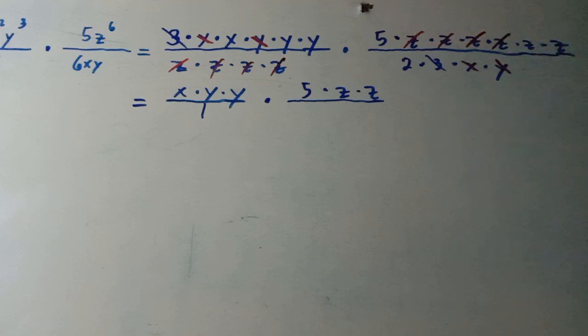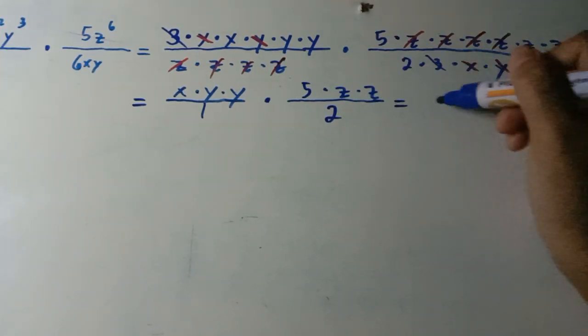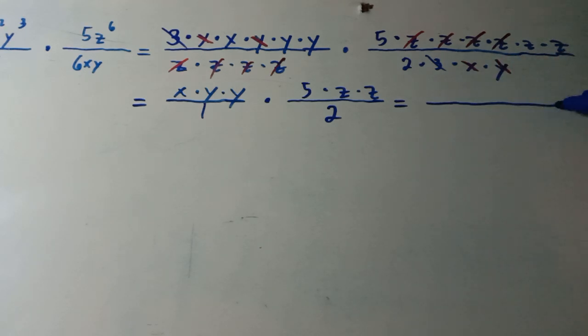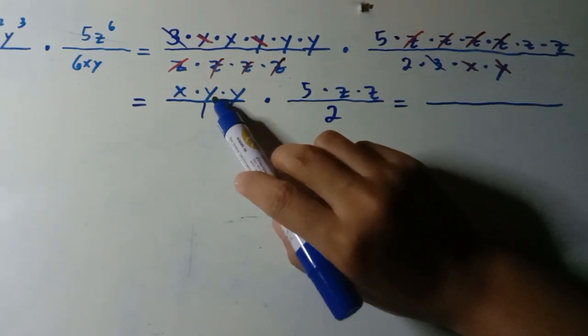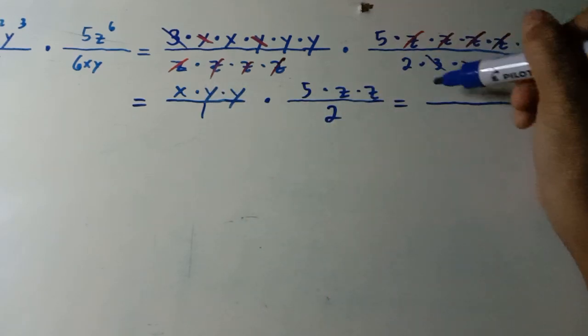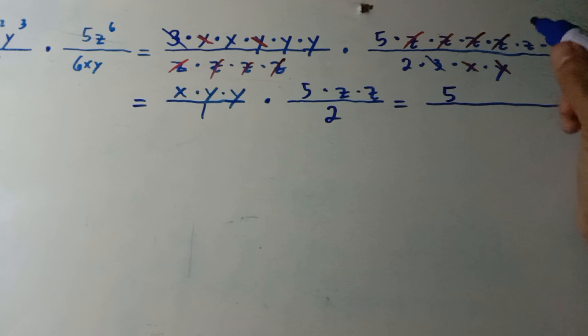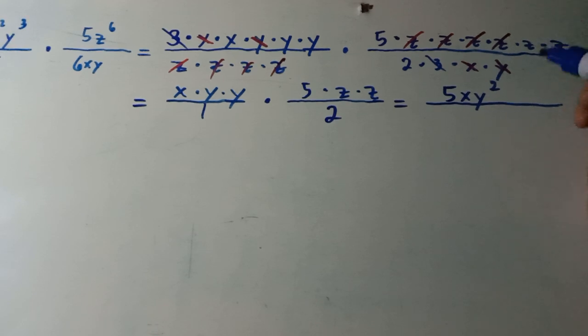For the denominator, 2 times 2 only. Next is let us multiply numerator to numerator. So this will become 5x y squared z squared over 2.